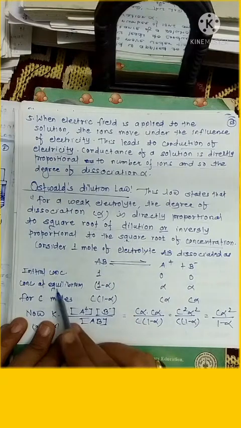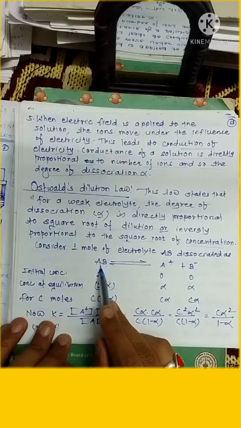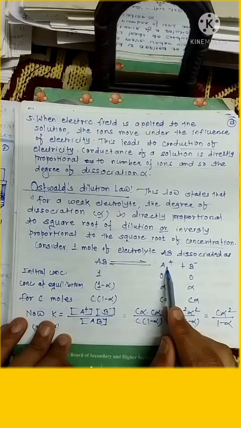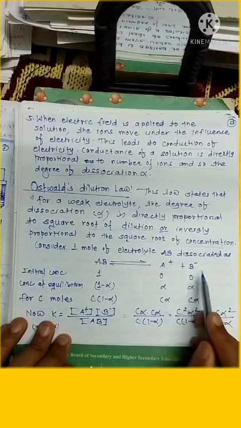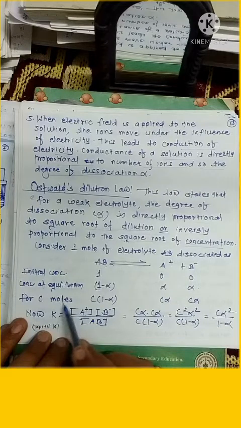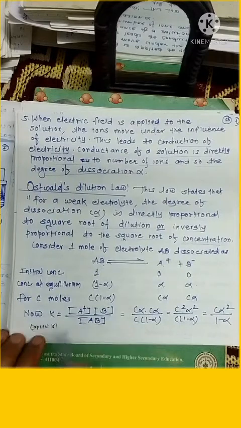Because of that, at equilibrium the concentration of AB is 1 minus alpha. So the concentration of A plus is alpha and B minus is also alpha. For C number of moles, multiply all these with C, that is C into bracket 1 minus alpha, C alpha, C alpha.